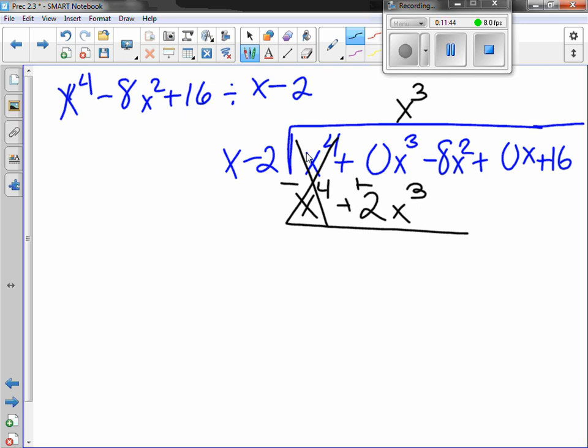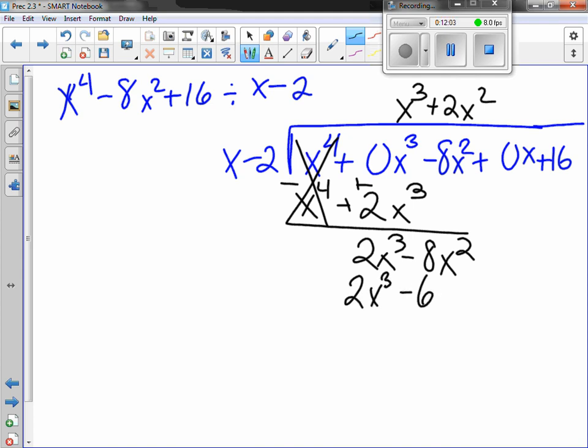Well, a minus and a minus give us plus, so we have 2x cubed minus 8x squared. x times what is 2x cubed? Well, plus 2x squared, which will give us 2x cubed minus 4x squared.